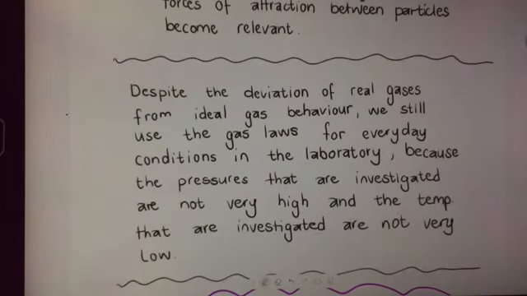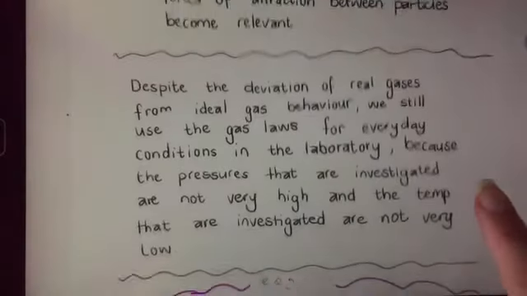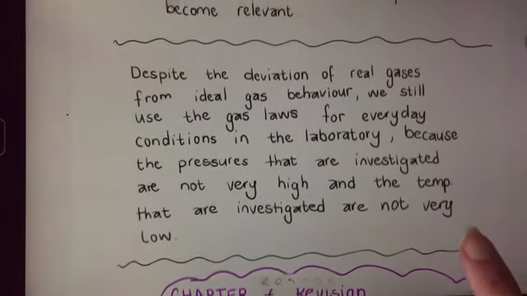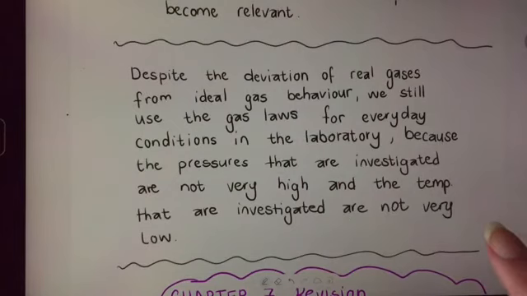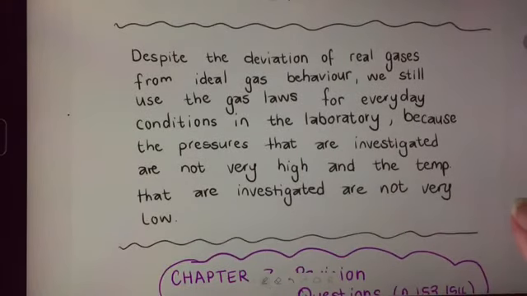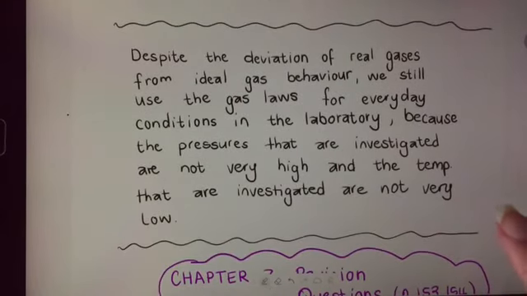And even the conditions that we have in a lab, we can't reach those very high pressures and low temperatures to actually even see the deviation. So that is why, despite the deviation of real gases from ideal gas behavior, we still use the gas laws for everyday conditions in the lab.